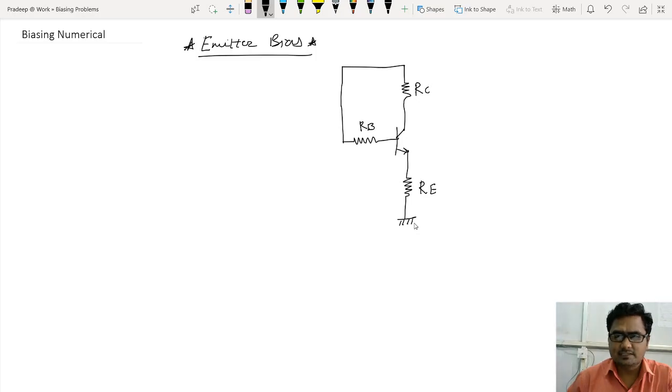That's the only circuitry. You remember this emitter bias circuit is nothing but a modified fixed bias circuit. RB and RC are the fixed bias, and one extra resistor RE is connected. So that's why it is a modified version of a fixed bias.